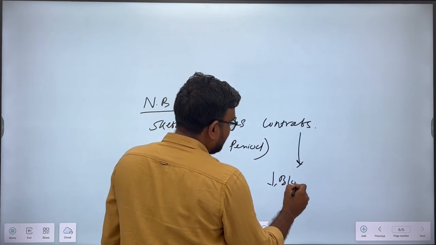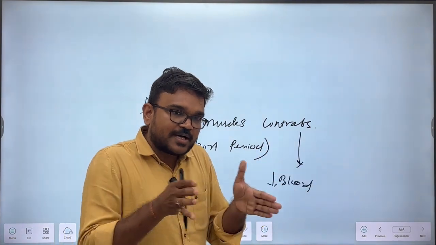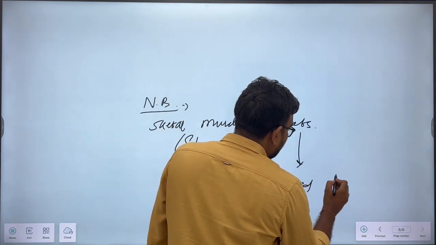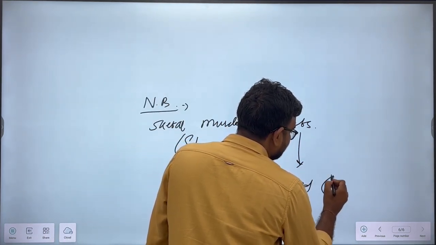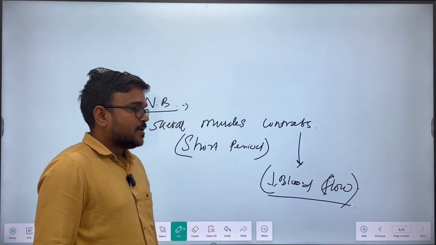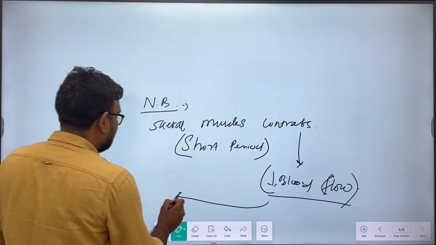Decreased blood flow, because the skeletal muscle contracts so vigorously that it compresses the blood vessels and blood flow literally decreases. But if the muscle contracts, then the venous output increases.